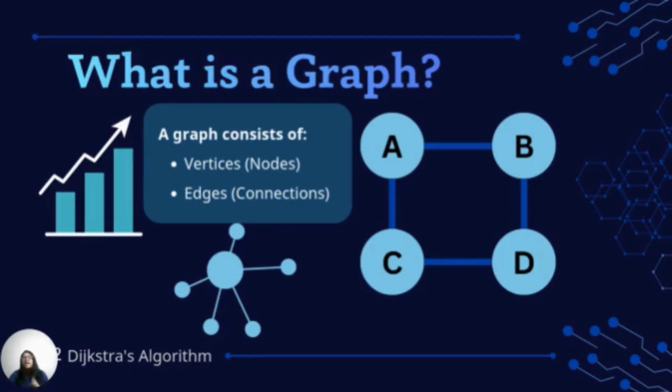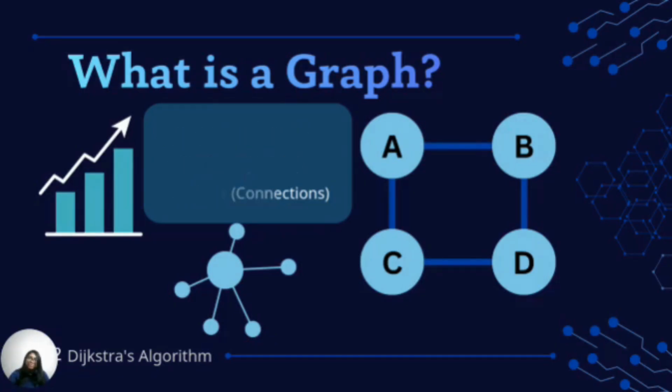Social media networks can also be represented as graphs where people are connected to friends. In this example, A, B, C, and D are nodes, and the lines connecting them are edges. Dijkstra's algorithm works on these types of graphs.